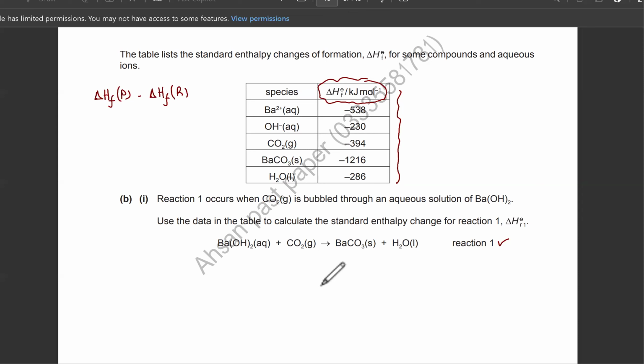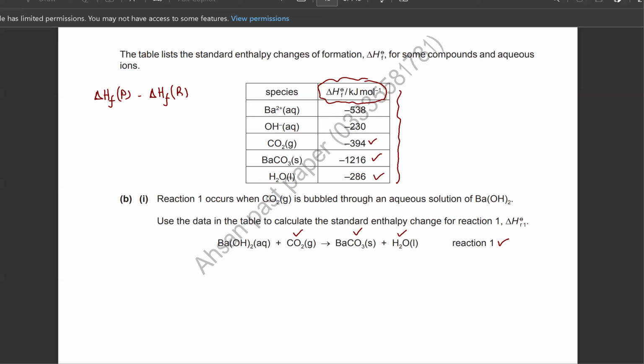So can anyone tell me how would I apply this? They've given me the enthalpy of formation of carbon dioxide. That's given. They've given me the enthalpy of formation of water as well. That's given. They've given me the enthalpy of formation of barium carbonate as well. So I know the enthalpies of formation of my products.